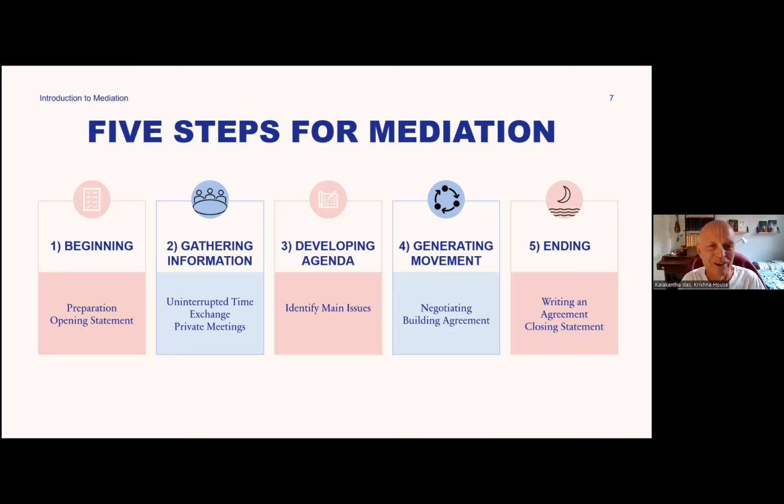Obviously, common sense tells us that gets people the opportunity to listen to one another, right? In a structured way. So uninterrupted time, and then the facilitator, the mediator, then has some exchange. And if necessary, the mediator will take the two parties apart and speak to them privately. So that's how all the information comes to the mediator or facilitator.